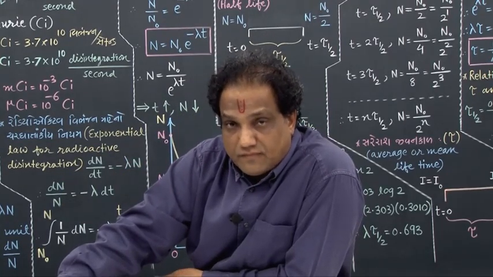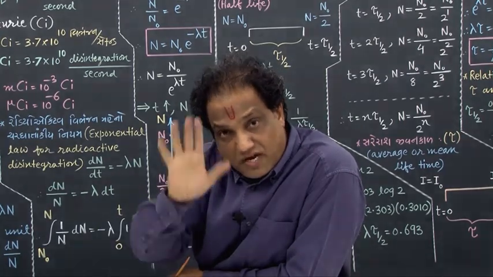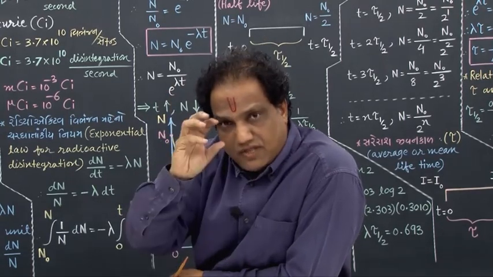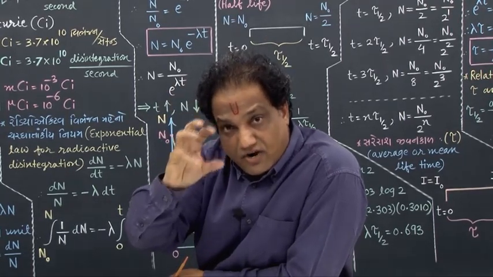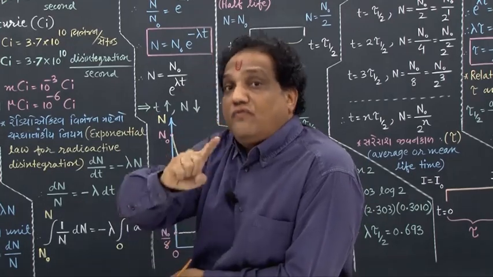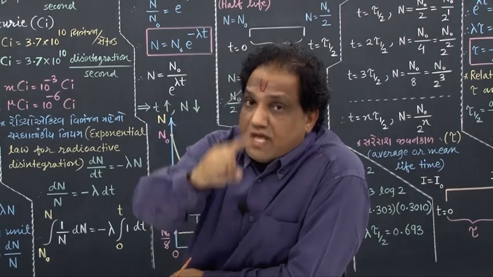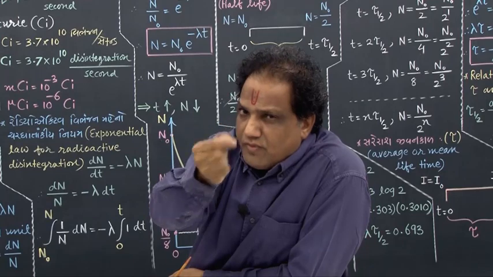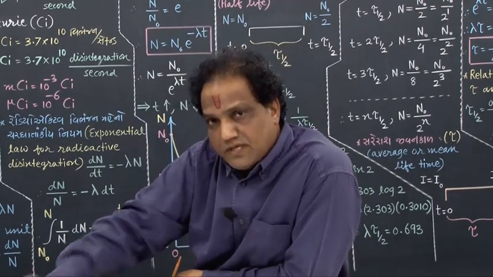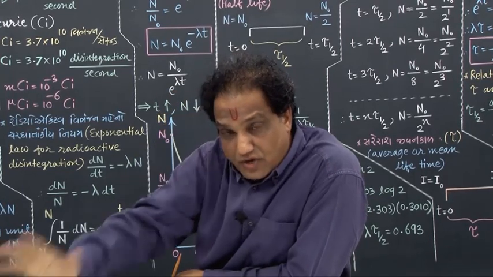I repeat, if one disintegration takes place in 1 second at a given instant in the given quantity of the given radioactive element, then its activity at that instant is said to be 1 Becquerel. Simple.